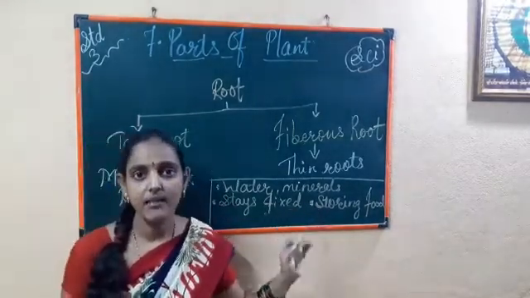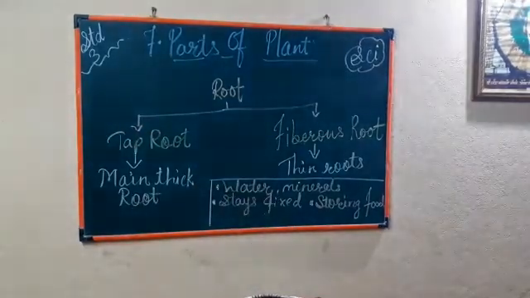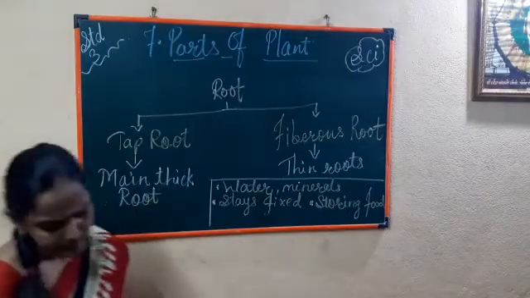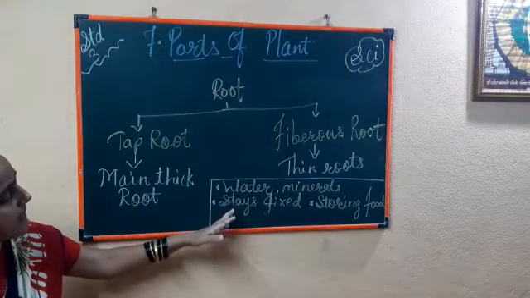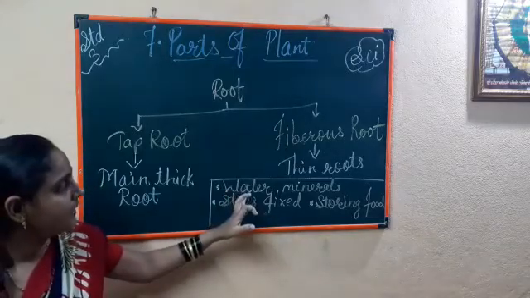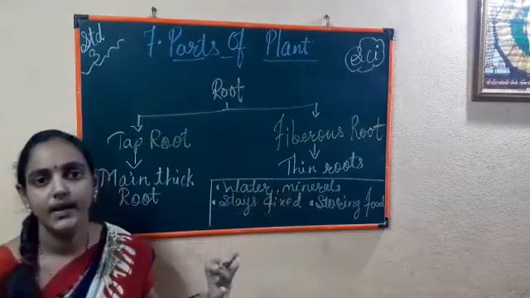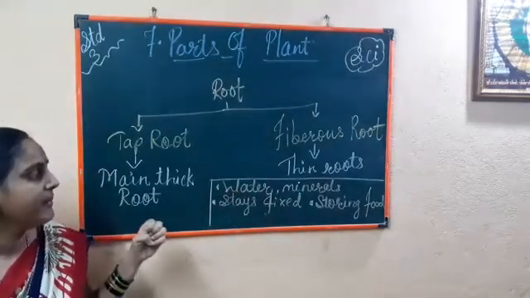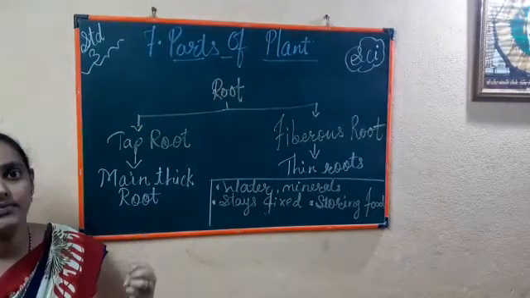Some roots also help in storing food. Roots help in staying fixed in the soil. It supplies water and minerals from the soil. It takes the water and minerals which are required for the growth of the plant from the soil.